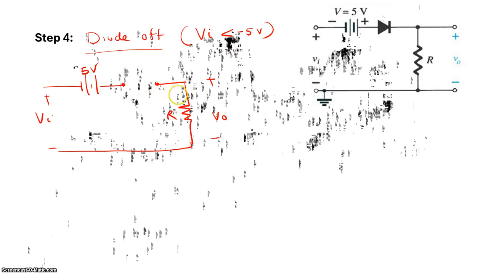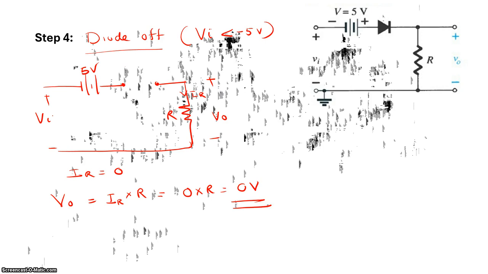The circuit is open, so IR will be equal to 0. So the output voltage is nothing but the voltage across the resistor, which is IR multiplied by R. That means it is 0 into R, so it is equal to 0 volt.